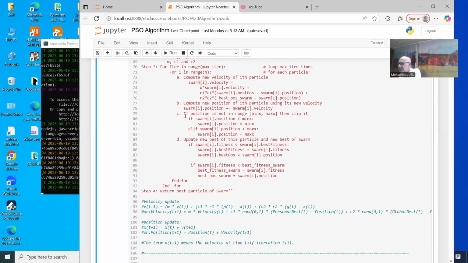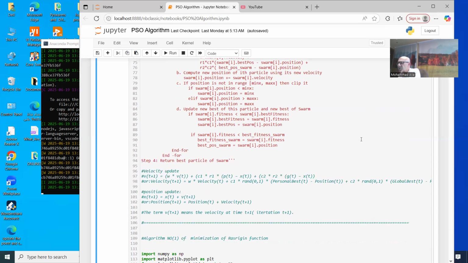By this, we are keeping the particles all the time within the range minimum of x or maximum of x. The last thing we have to do is to update the personal best value of the particle and the global best value of the swarm.